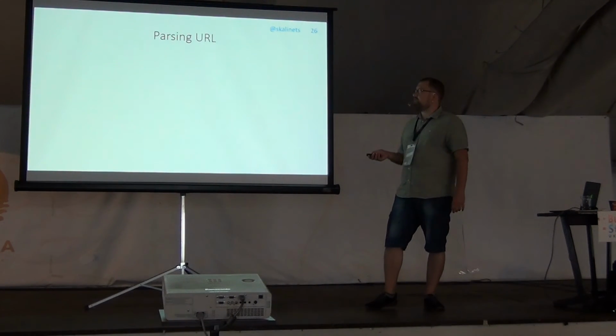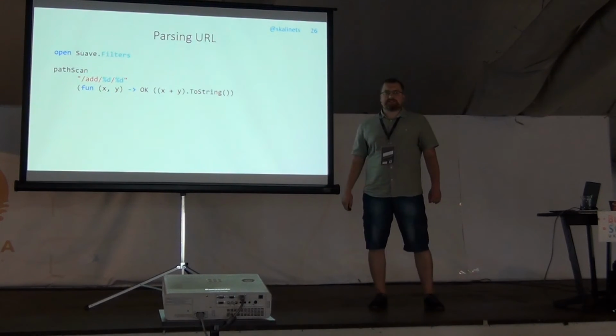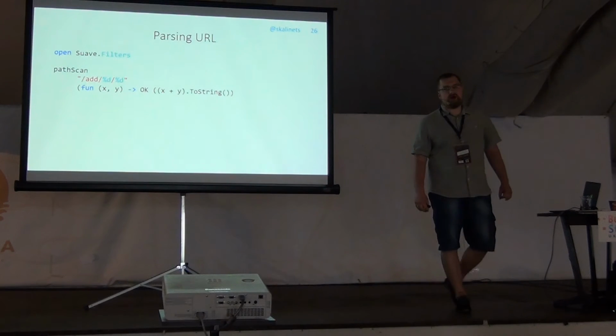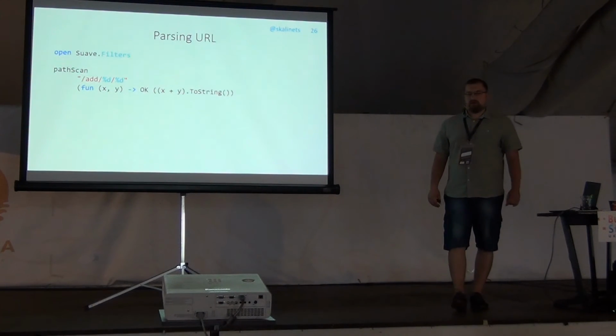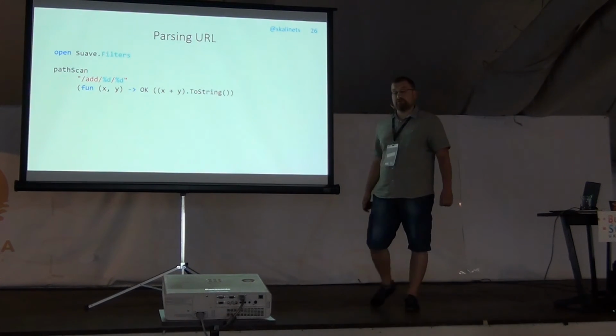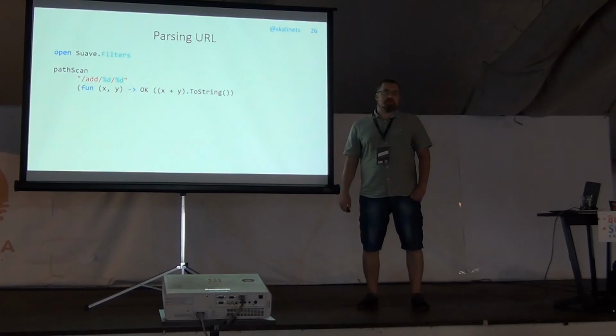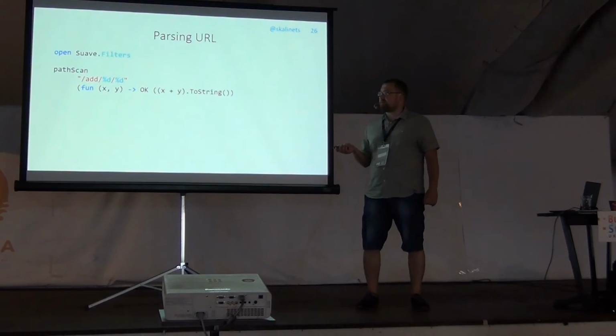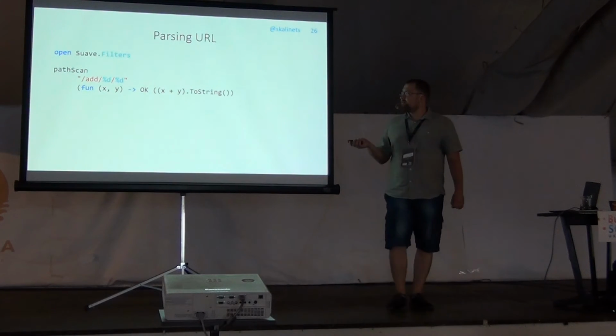For delete and for put, we might need to pass our URL and to find some patterns here. So for example, we would like to find the ID of the item we are going to delete. And this can be easily done using, again, Suave filters, a method pathScan.